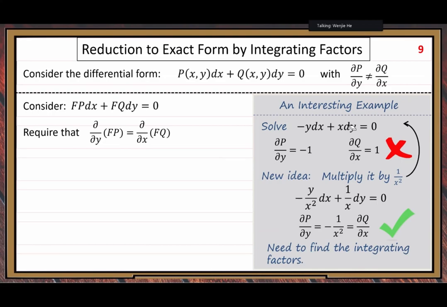So let's take partial derivatives of both sides, with a simplified notation, because in math, notation is very important. If you use good notations, you can find some interesting properties easier.